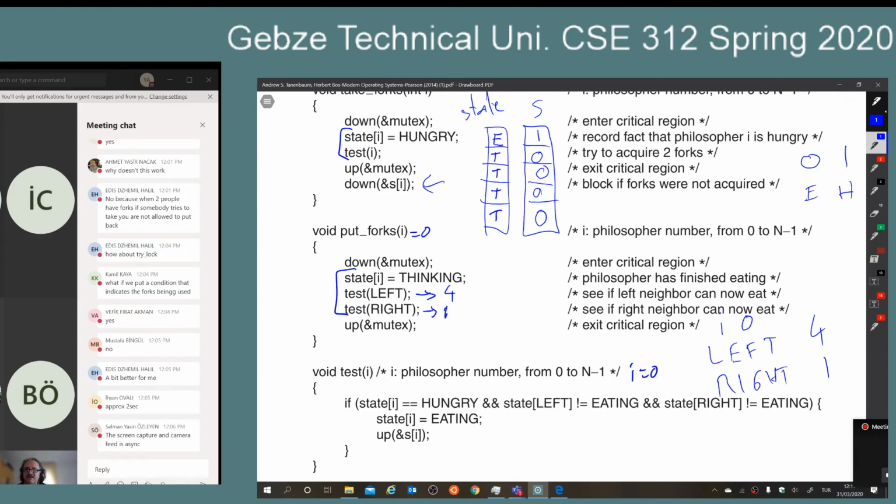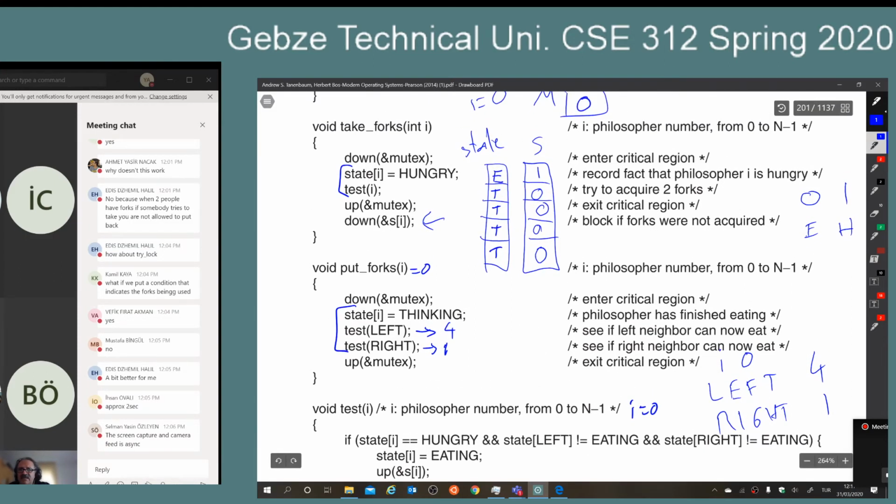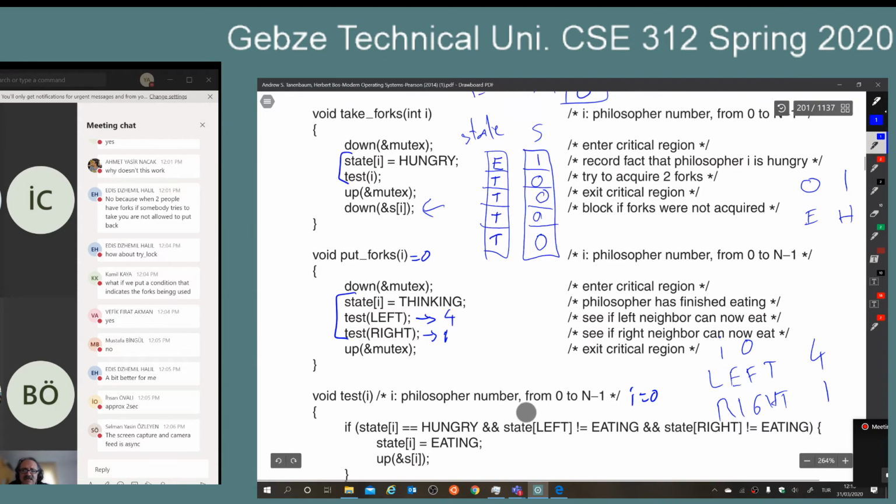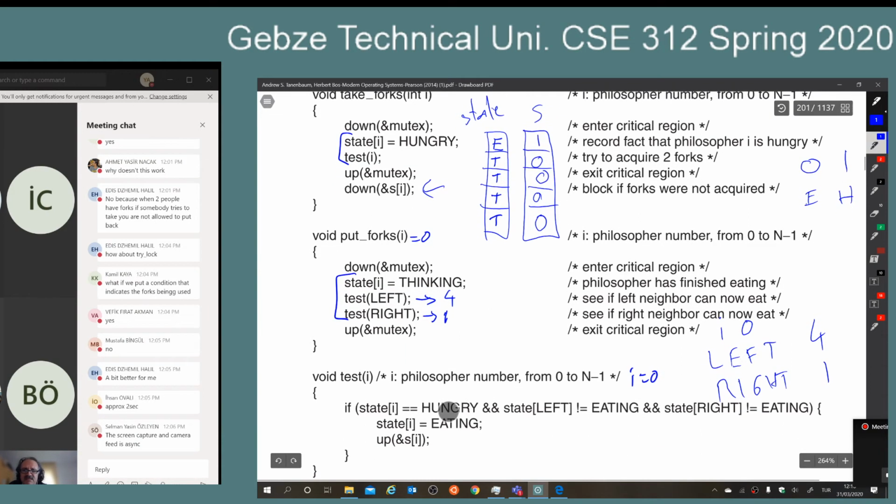Okay, so this is kind of interesting. When I take the forks, I call test with myself, and I'm calling it with the neighbors. So it says that if my left neighbor is hungry, oh, that's interesting.